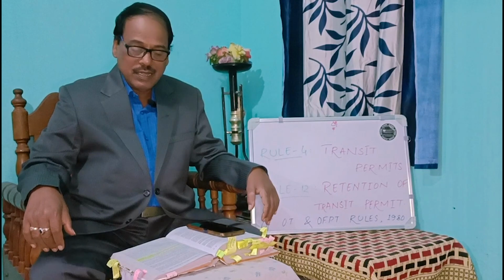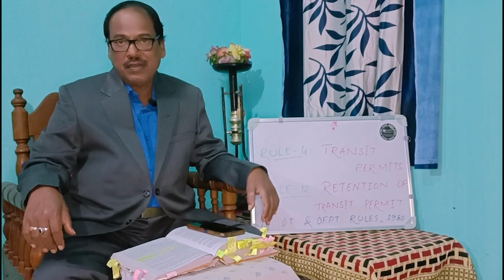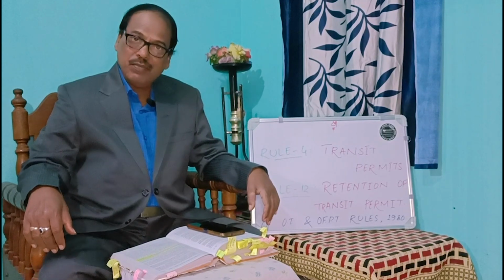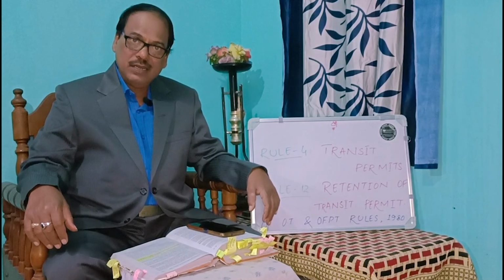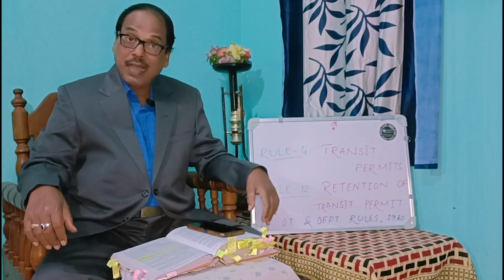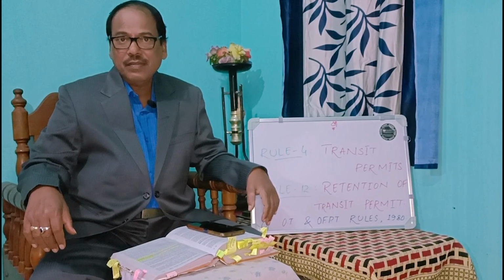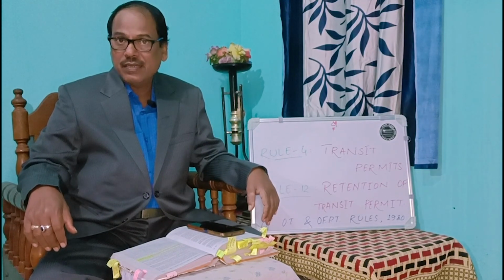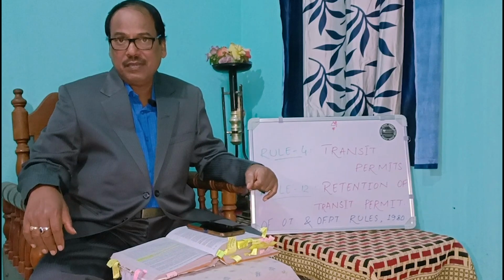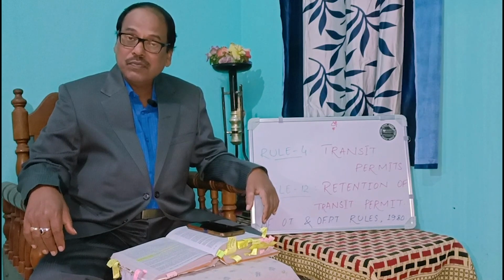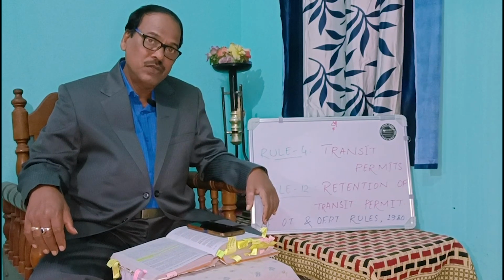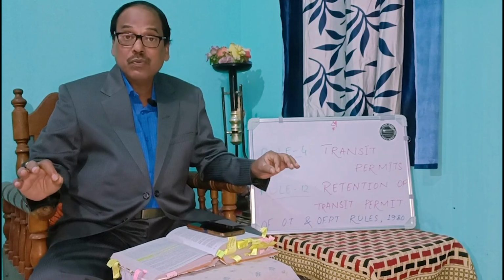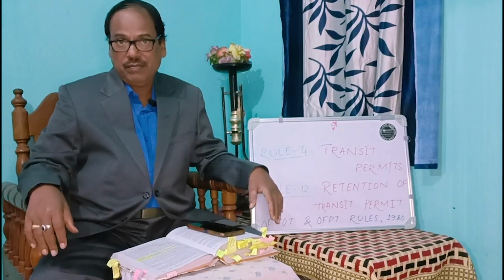Next, if one person has purchased some timber from any government or private depot authorized by the DFO, then he has been issued TT permit or sale receipts. Those TT permit and sale receipt will be possessed by that person till disposal of those forest products.